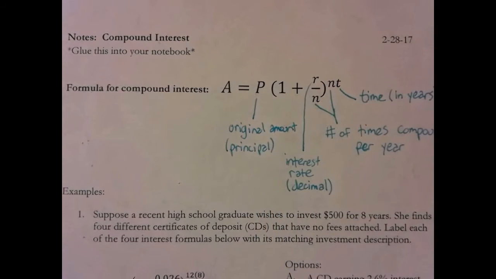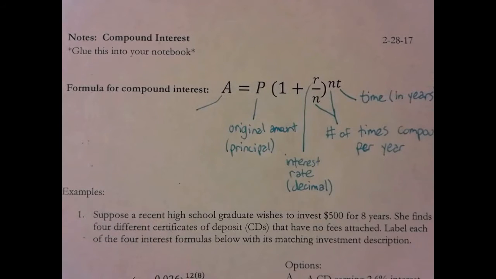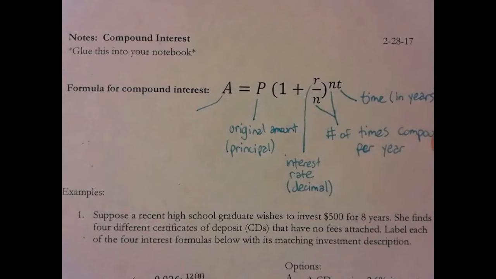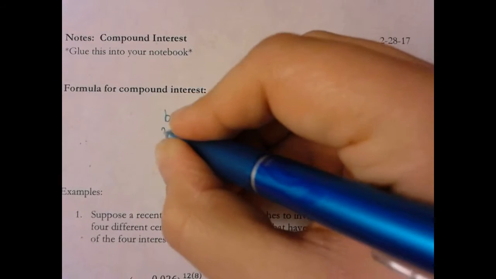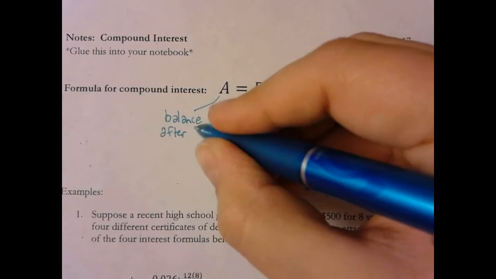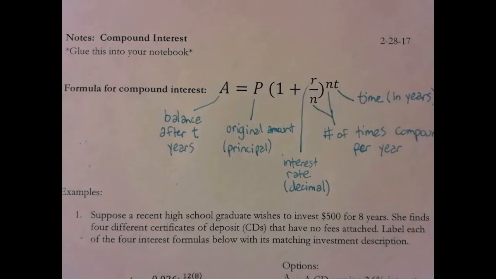Not the person. Principal means what you start off with. And finally, A is the balance you have after so many years, so balance after T years, since here's our T.